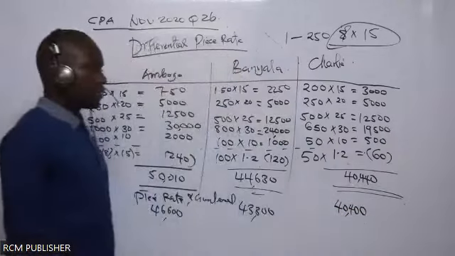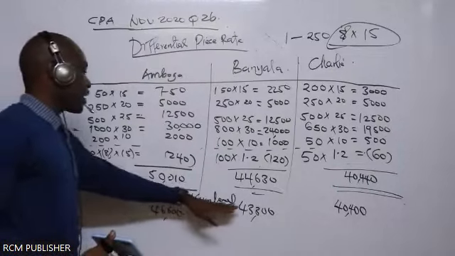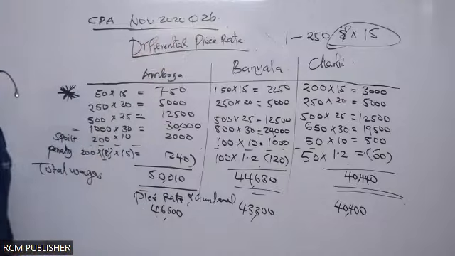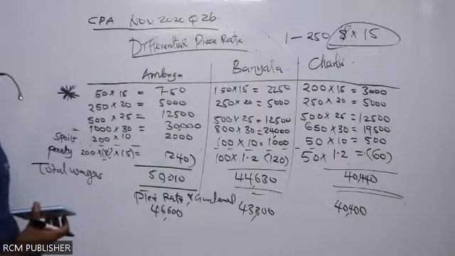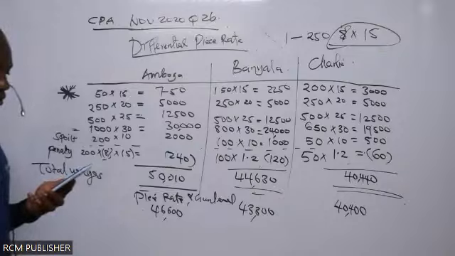So advice. As an employee, are you going to take the piece rate and guaranteed, or are you going to go for the differential piece rate? Which one will you adopt?